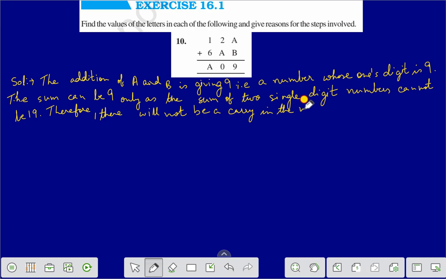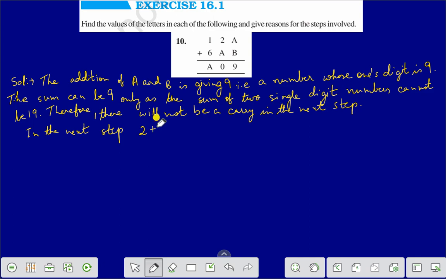In the next step, 2 plus A is equal to 0.